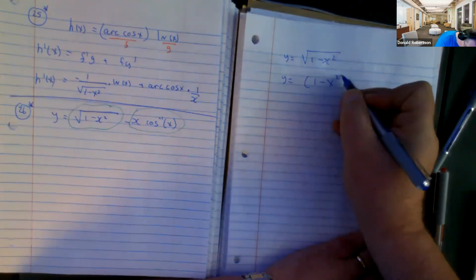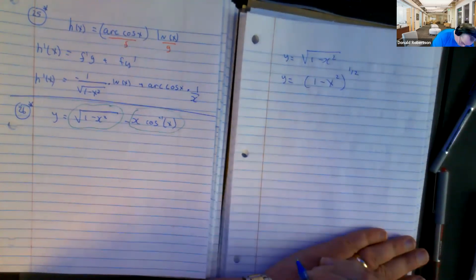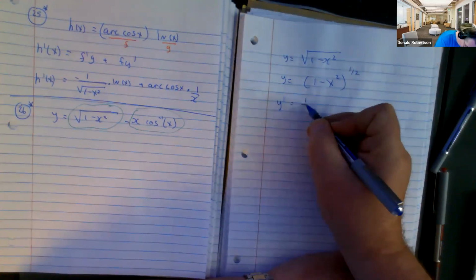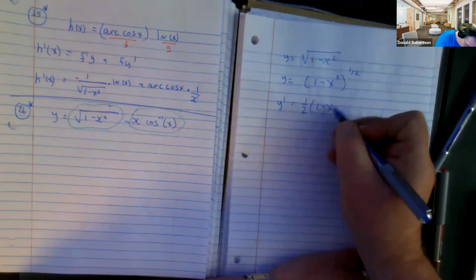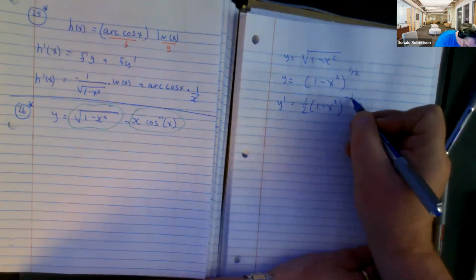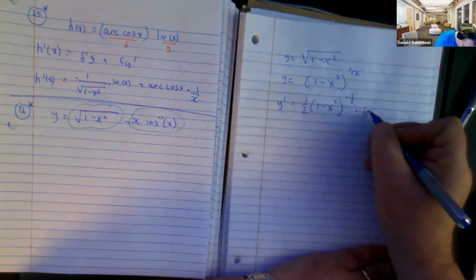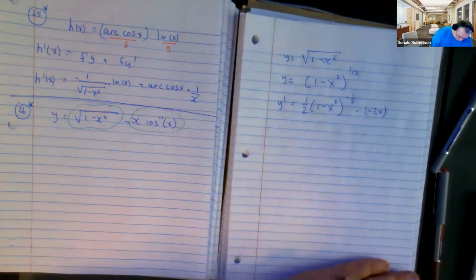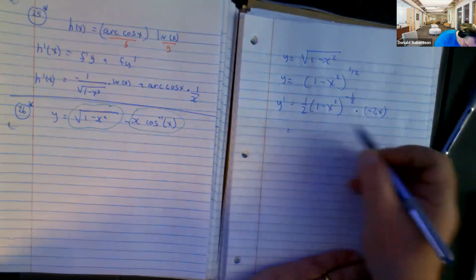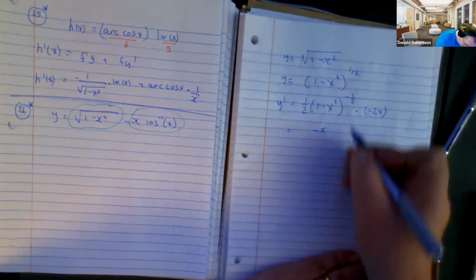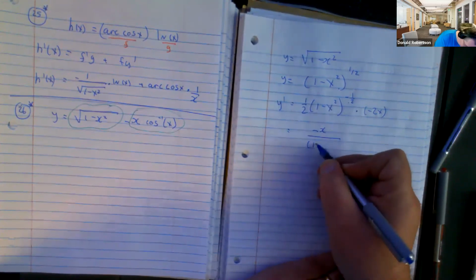Just like in the previous question, you call it a half power. We can use a chain rule. So it's 1/2, 1 minus x squared, reduce the power by a half, times the derivative of the inside function, which is -2x. That guy and that guy gives you that. That guy comes downstairs.